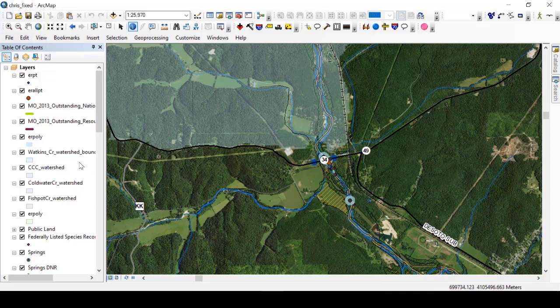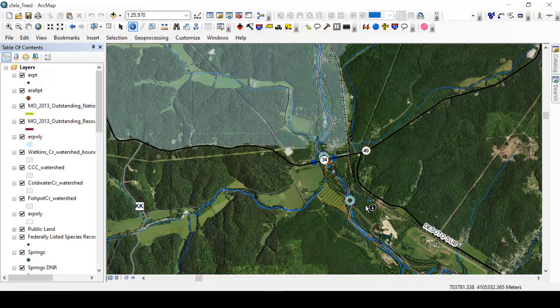There are multiple layers that we take a look at regarding information that might be useful to us in the project area. So we have things like priority watersheds, we have wetlands, we have our streams coming through here, we have species records, we have springs.